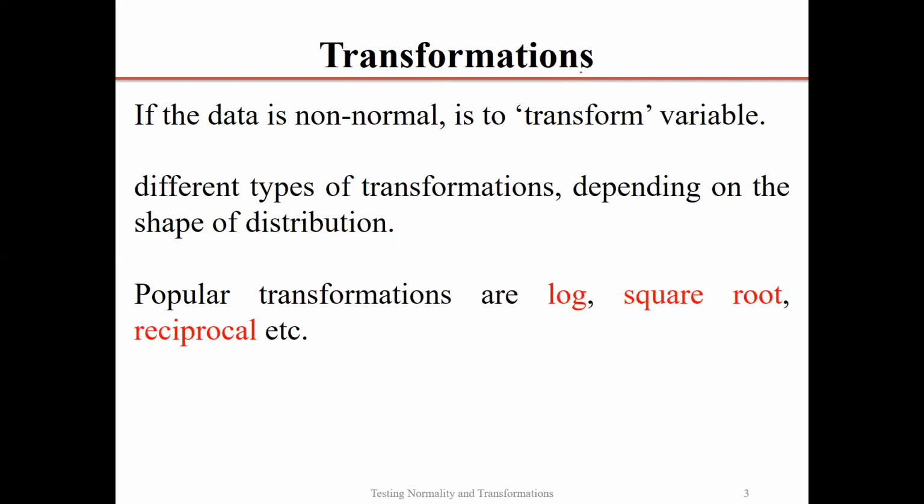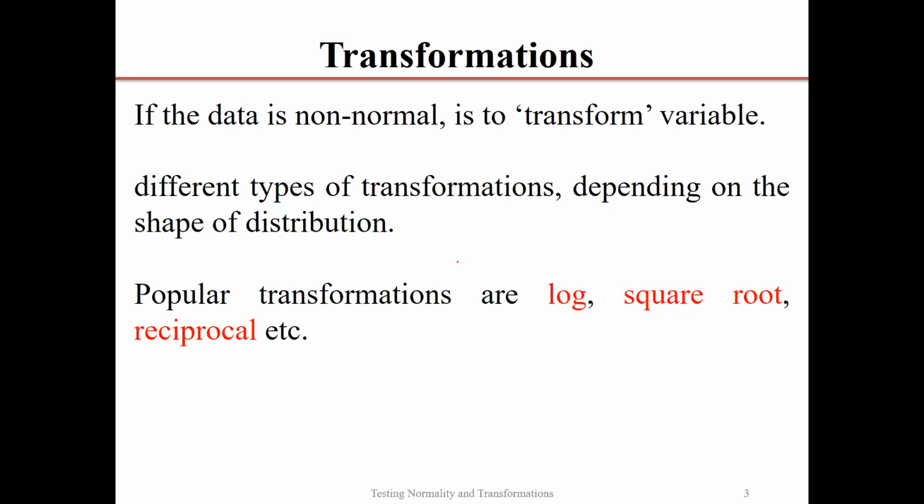Transformation is basically defining a new variable by applying some functions. Most probably these functions are the logarithm, square root, reciprocal, and there are many more transformations available. But these three are very common. Our discussion will be about how to transform the data.